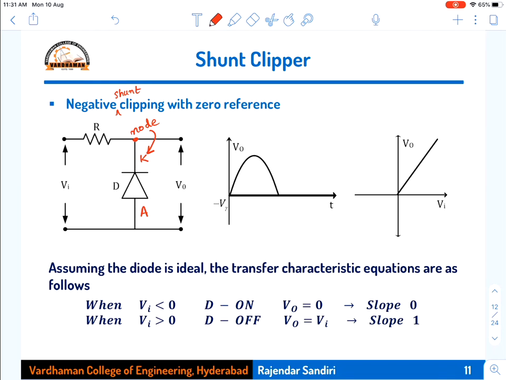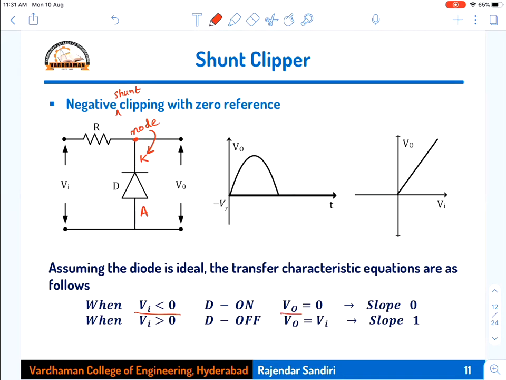Okay. So now what happens for input voltage? Vi greater than 0, Vi less than 0. Under those conditions, Vi less than 0 will be on.